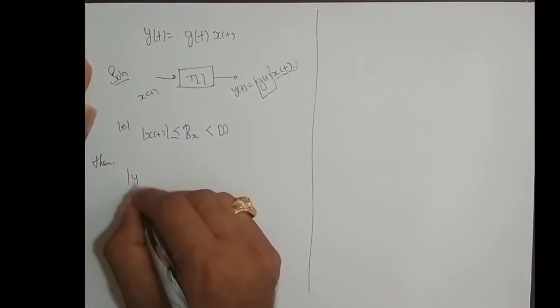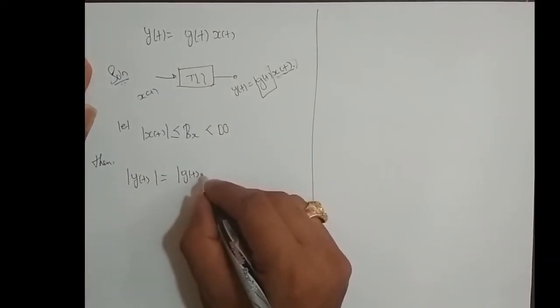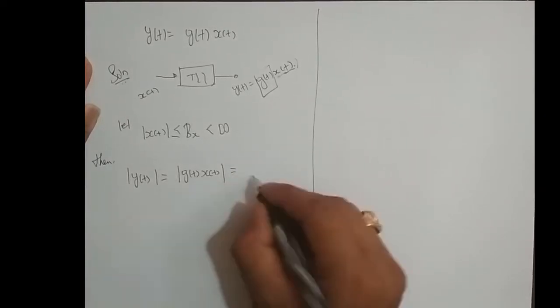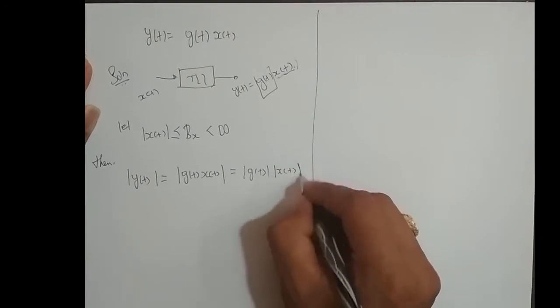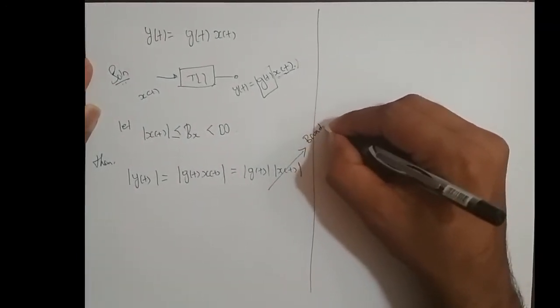Then magnitude of y of t is equal to magnitude of g of t into x of t. Shall I split it up: magnitude of g of t into magnitude of x of t, right? Anyhow, magnitude of x of t is bounded.